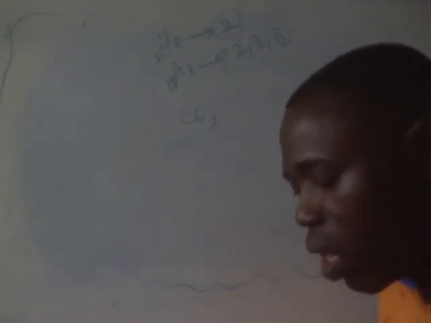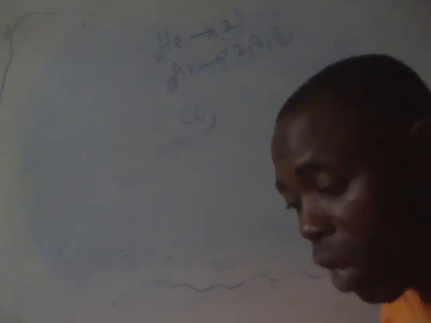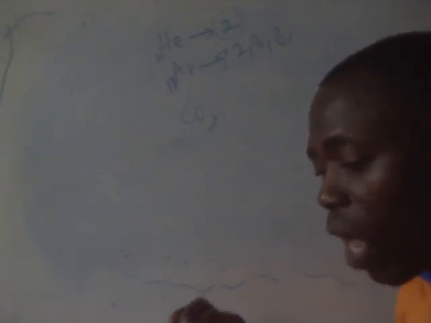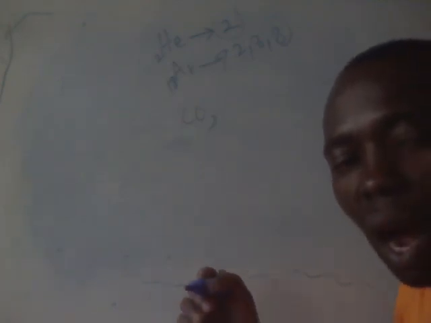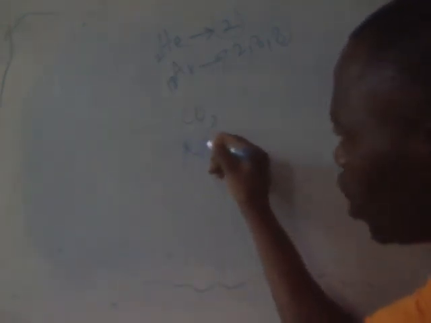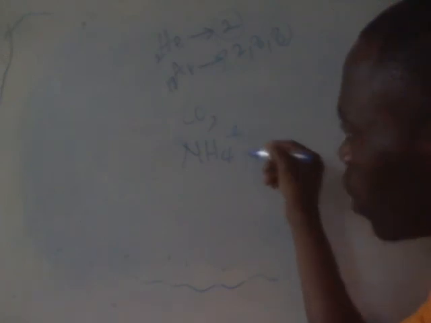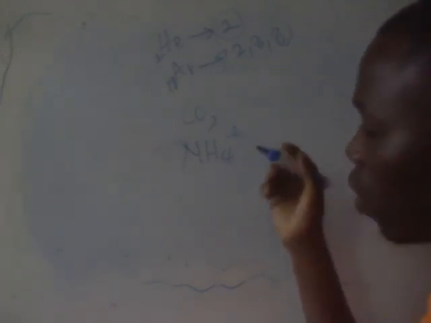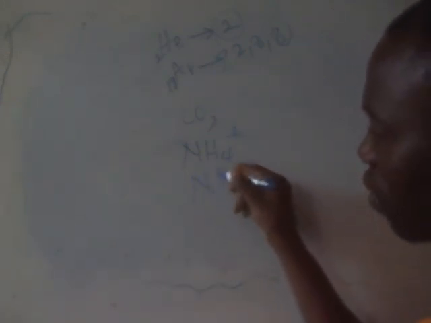Okay, that's covalent bond. Now, dative bond occurs when you have two atoms in which one of the atoms only donates the electrons to be shared. You can see that in ammonium ions, NH4 plus. You can also do that in ammonia gas.